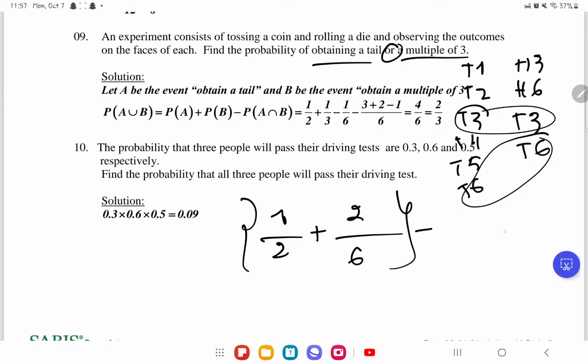Now, these are two possibilities. So tail 3 and tail 6 are two possibilities out of the total, which is 12. You can simplify it or put it this way. In your calculator, you will get 1 over 2 plus 2 over 6, then you subtract the common part, which is 2 over 12, and then you will get 2 over 3.